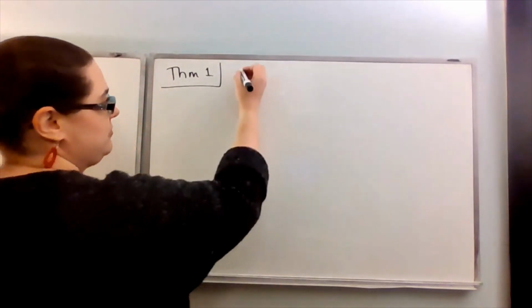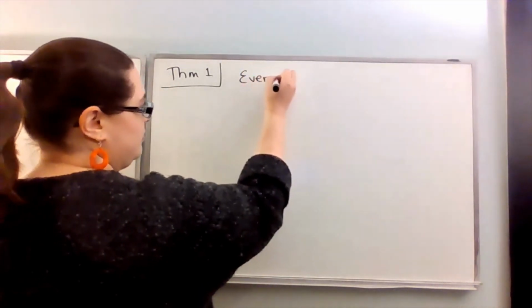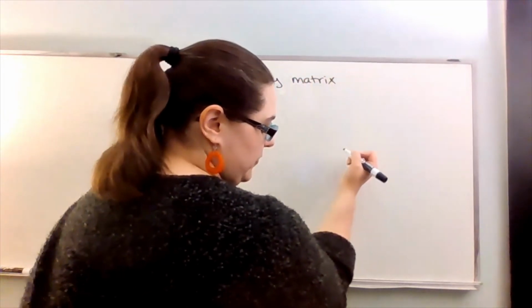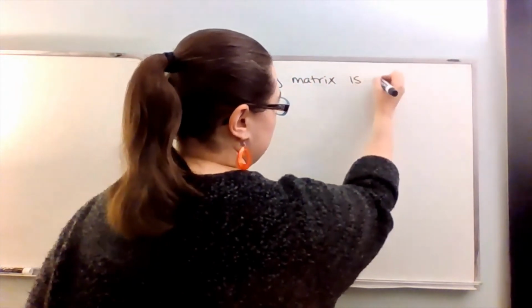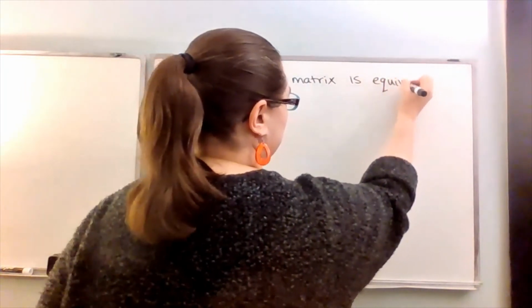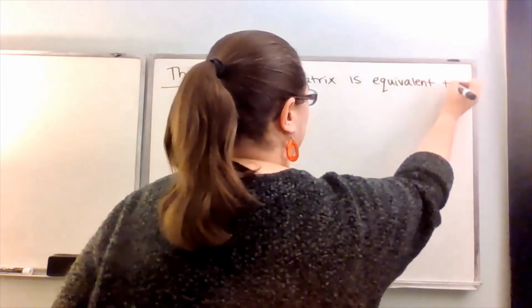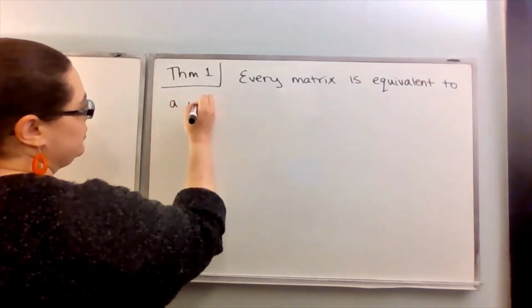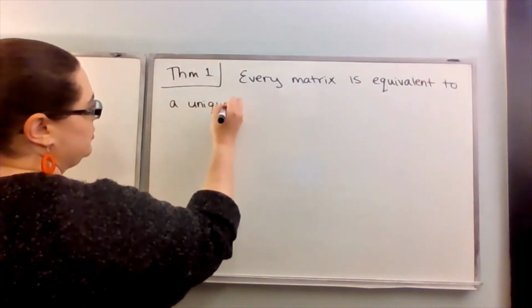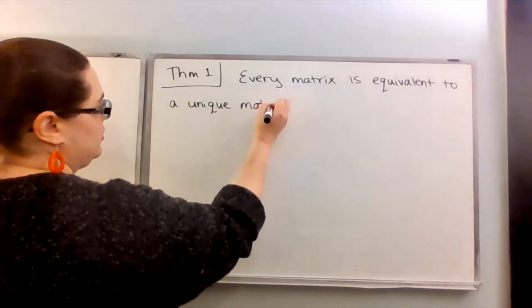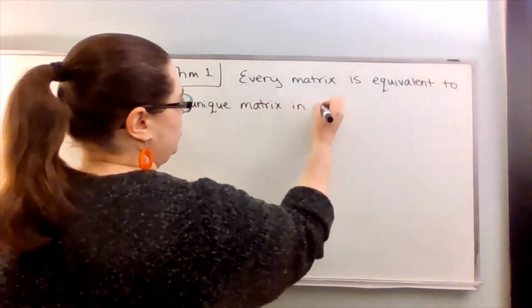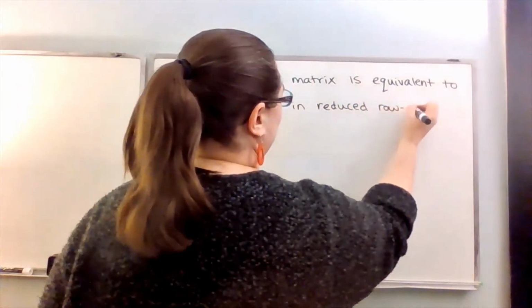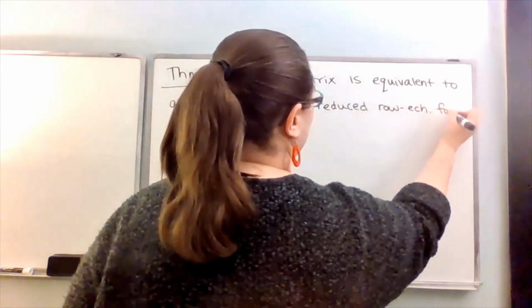Every matrix is equivalent to a unique matrix in reduced row echelon form.